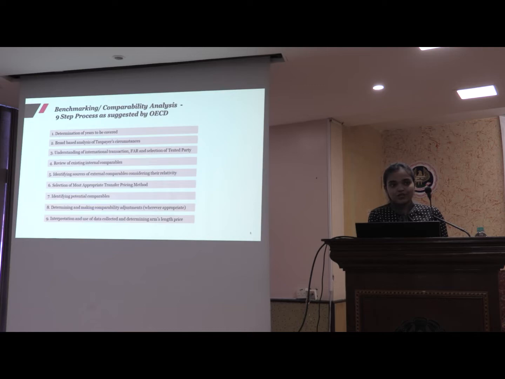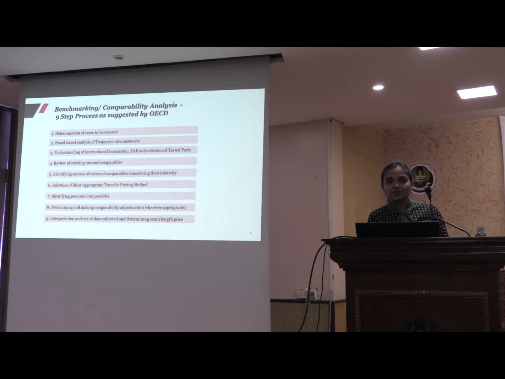The data that we are looking into must be reliable. The data should be available, as we all know. So if we are doing a transfer pricing documentation for the previous year, which is financial year 21-22, for which we are filing in the current year, we would require the data of financial year 21-22.